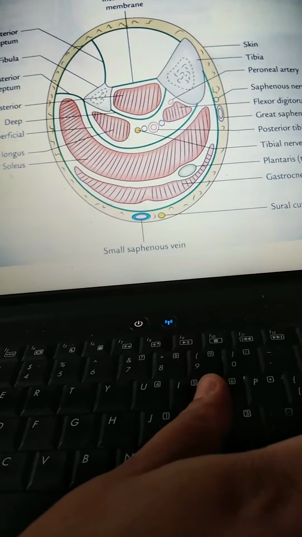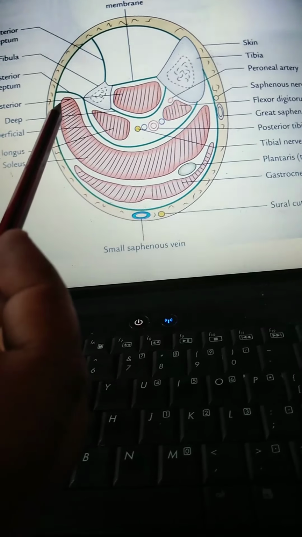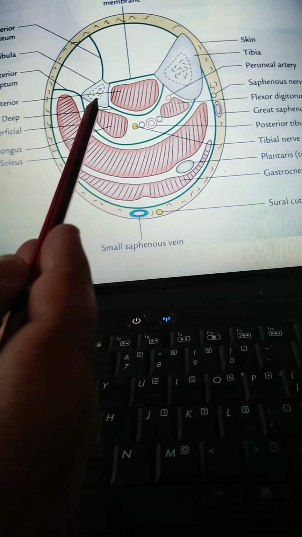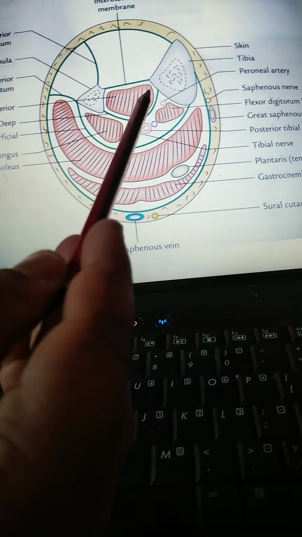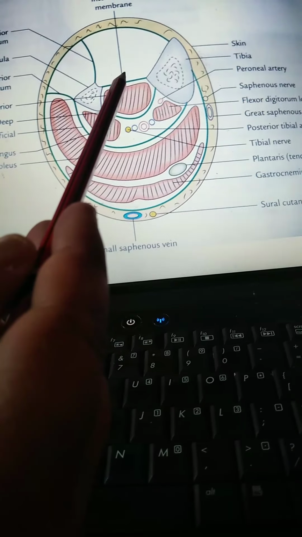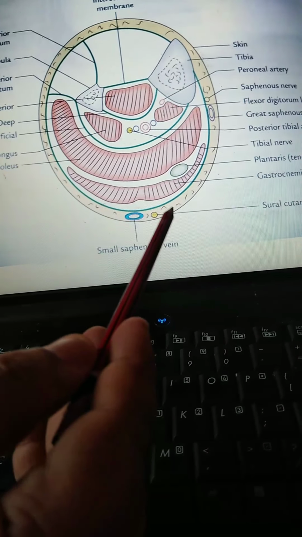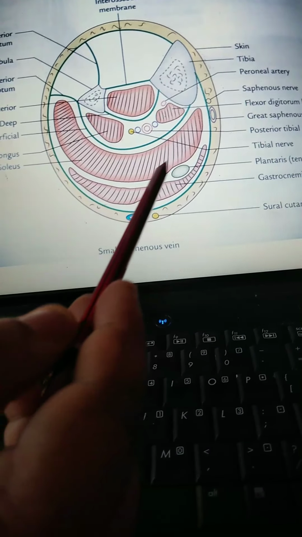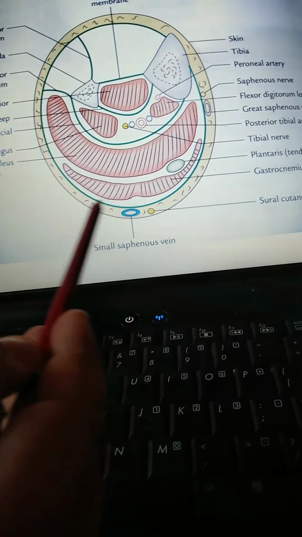Now the posterior compartment, its boundaries. Anteriorly it is bounded by the posterior surface of the tibia and the fibula, interosseous membrane and posterior intermuscular septum, and posteriorly lies the deep fascia of the leg extending from the medial border of the tibia to the posterior intermuscular septum.